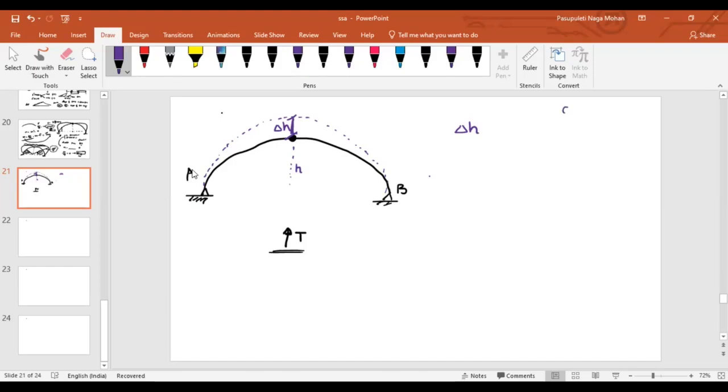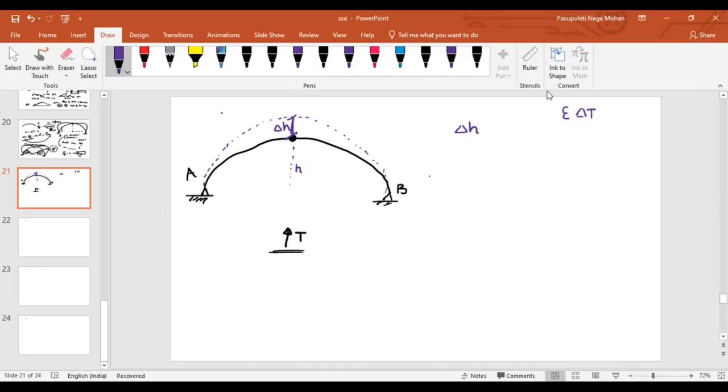Yes, sir, we can use the y formula, y equal to 4h by L square, but instead of h, we can use h plus delta h. We'll come back to that later on. But the point is, this is due to temperature change, isn't it? If this is due to temperature change, how will you find it out?